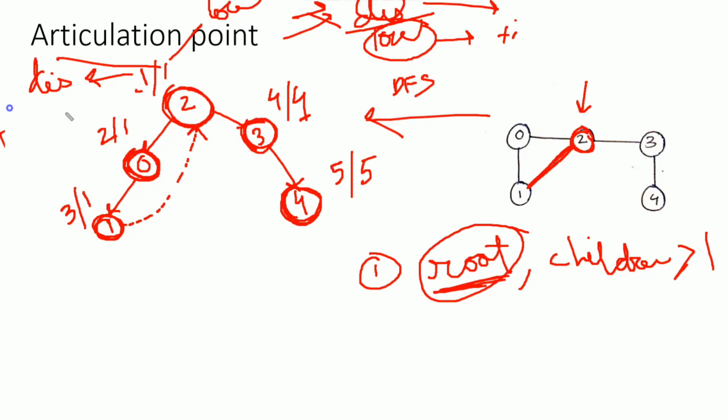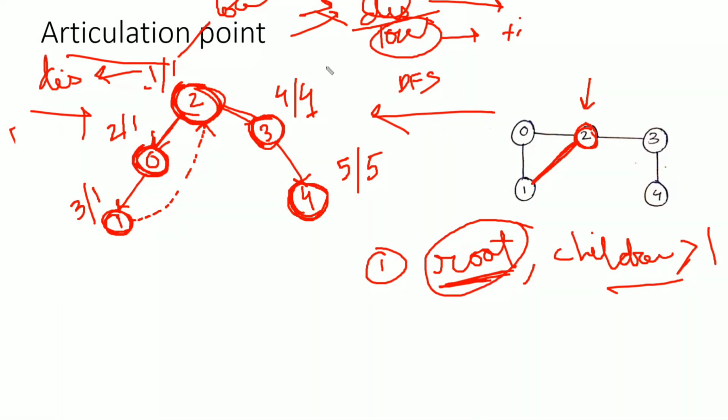If we consider this DFS tree, we find that vertex 2 is the root of the DFS tree, and we are going to check whether it has two children or not. So this is the first child and this is the second child. So basically children is greater than 1. It means that if I remove vertex 2, it will separate this graph into two components.